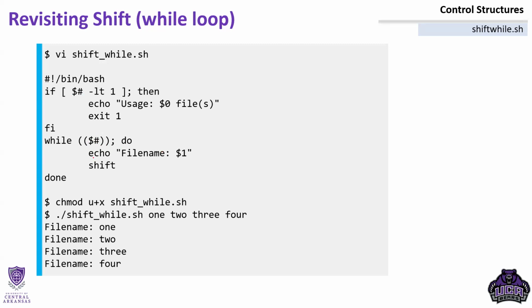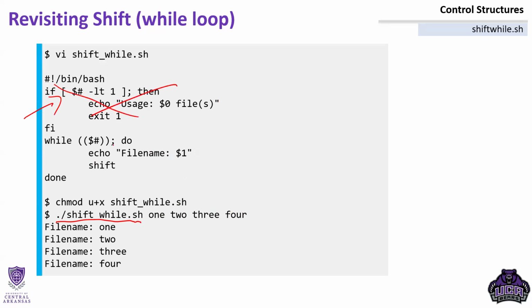And so while there's arguments, it's going to echo file name $1. So it's going to echo the very first argument that is given. Then it's going to call shift. So if we take a look at this example right here, we're calling the script, and then here we have 4 arguments being supplied. So once it hits 1 right here, of course, this will be false because we have arguments, so we don't have to worry about that one.